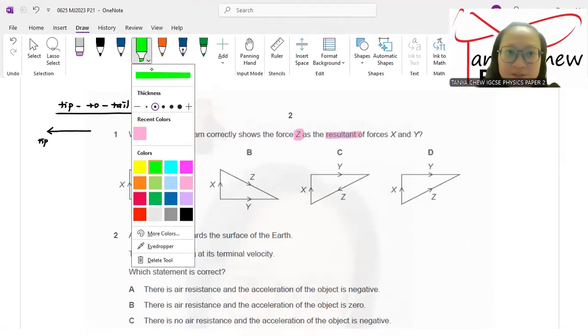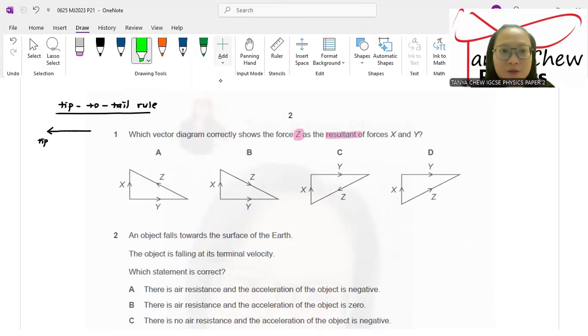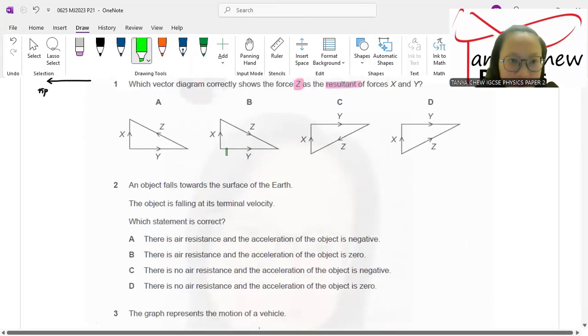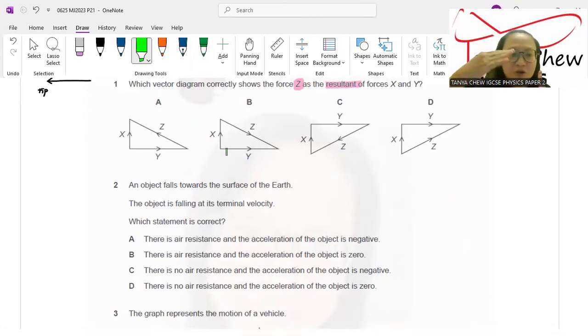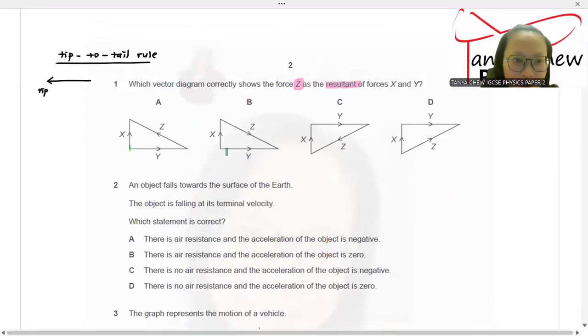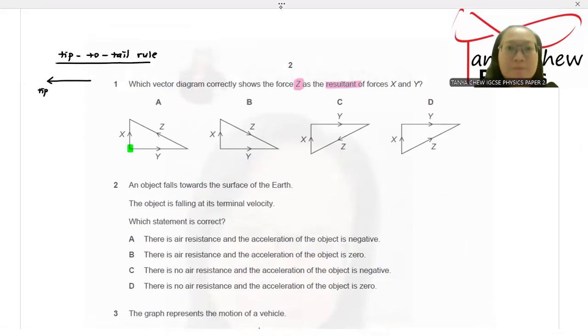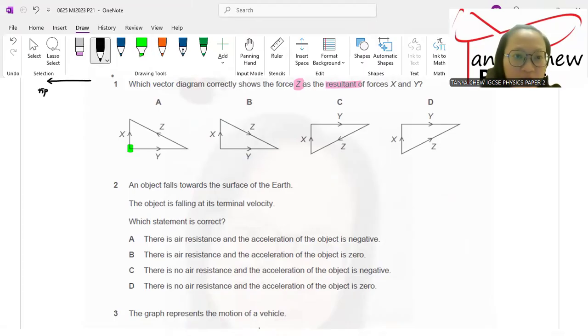Now, since the diagram is drawn for us, let us identify: this is X, this is Y. Can you see where the intersection of vector X is meeting the intersection of vector Y? This is where they meet. This is the tail of X meeting the tail of Y.